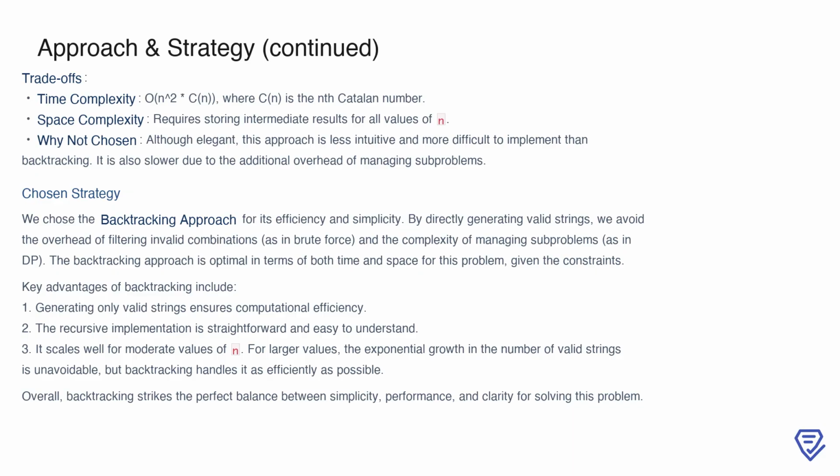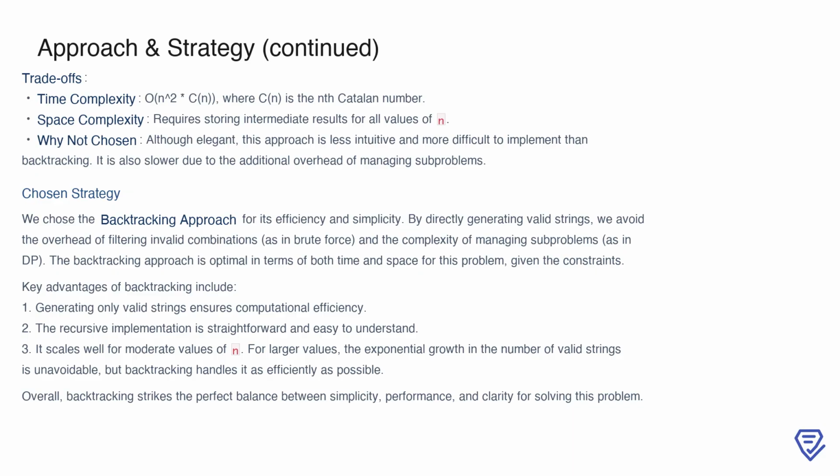By generating only valid strings during the construction process, we eliminate the computational overhead of filtering invalid combinations, as required in the brute force method. Compared to dynamic programming, backtracking is easier to implement and avoids the complexity of managing subproblem dependencies. The recursive nature of the algorithm is both intuitive and practical, making it accessible for moderate values of n.